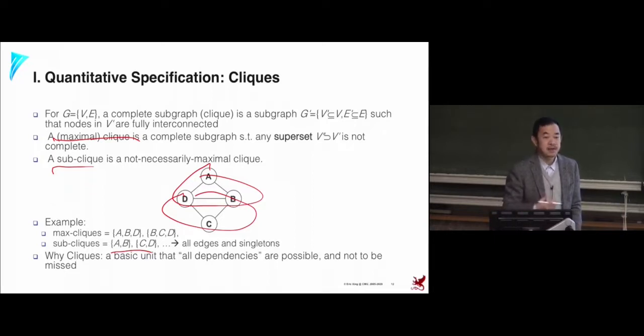Within a clique, because all nodes are interconnected, you need a model that allows all dependencies. So you'd better build your foundation from that point, because if you build from the subcomponents within a clique and then assemble a clique, you may risk losing some dependencies that are not obvious from the subparts. But if you start from the clique, at least you can make sure you don't miss anything within that clique.